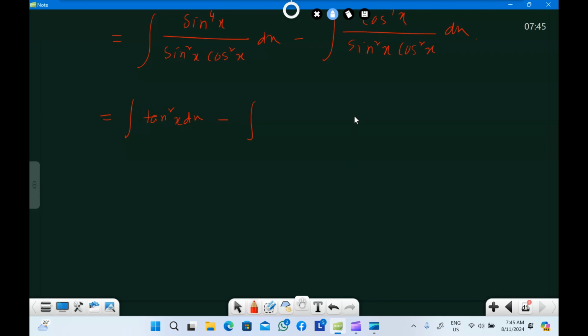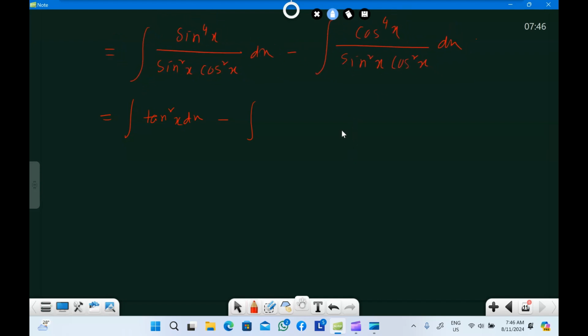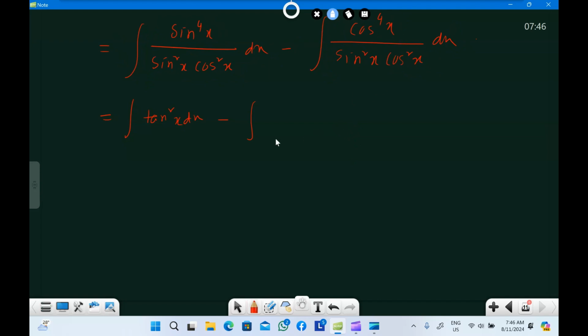You see here, just a minute, this is cos square by sine square, and that is cot square x dx. And we know there is no integration formula for tan square x.